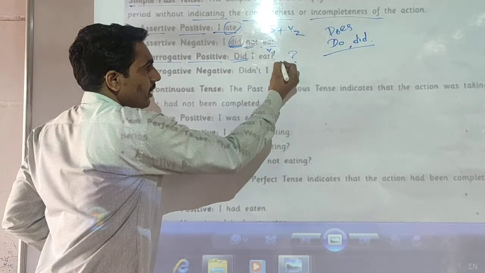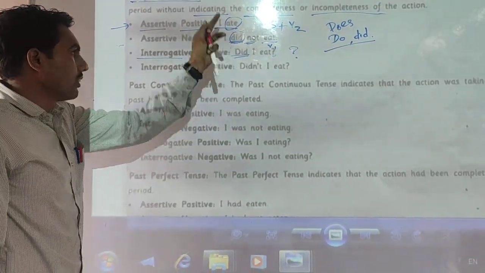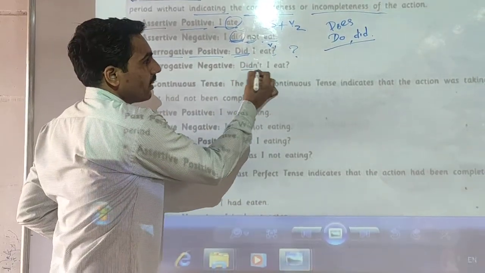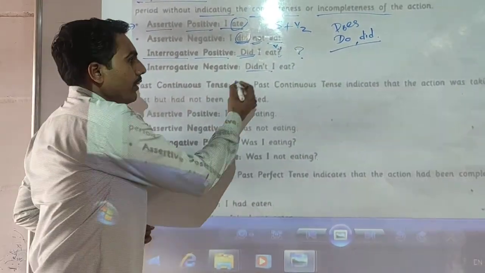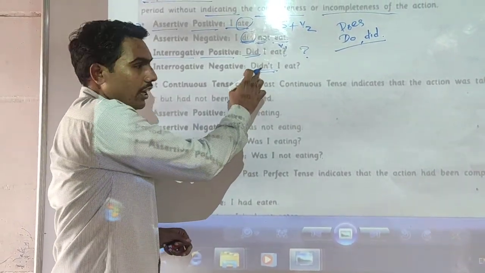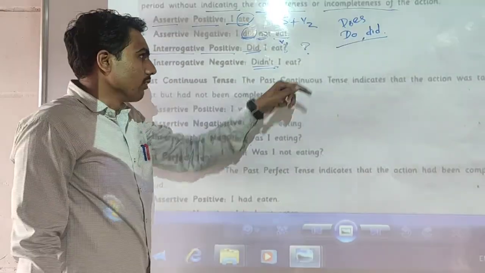Remember this, look here, question mark. Now we want to change this interrogative positive sentence into interrogative negative, so we use the negative form of that helping verb, did, didn't, okay, or we use did not also. Didn't I eat? Question mark.